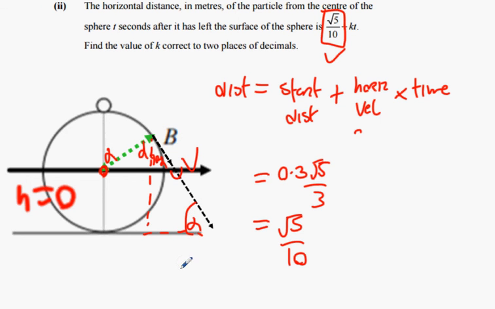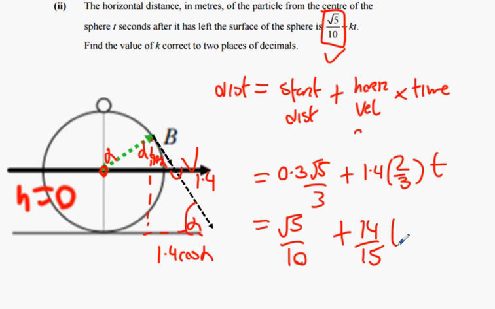So then what we're going to get is it's 1.4, so that makes that 1.4 cos alpha. So the horizontal velocity is 1.4 cos alpha, and 1.4 cos alpha is 1.4 times 2 over 3 times time, which, when you multiply all that out using the calculator, you're going to get plus 14 over 15 t. 14 over 15 is your k value. K equals 14 over 15.